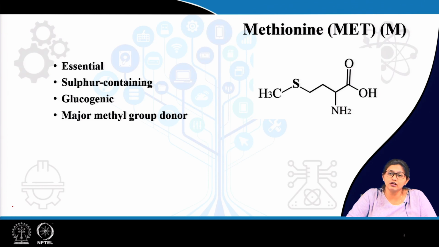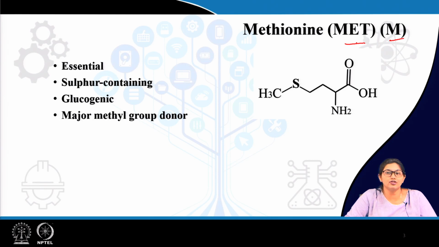So, methionine, the amino acid, is represented as Met or M. This is the code how amino acids are represented. Now, methionine is one essential amino acid, and remember the characteristic of essential amino acids is that they are not synthesized in our body, those are basically obtained through diet.